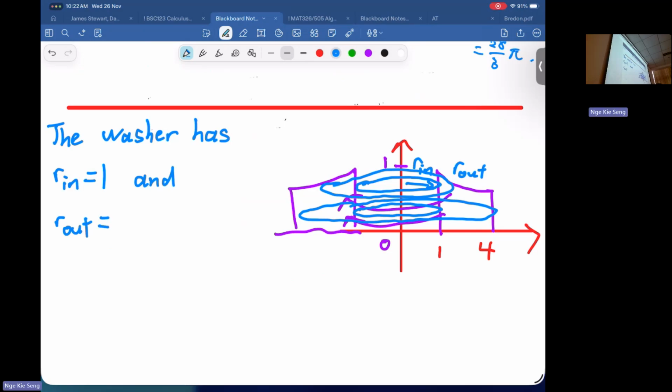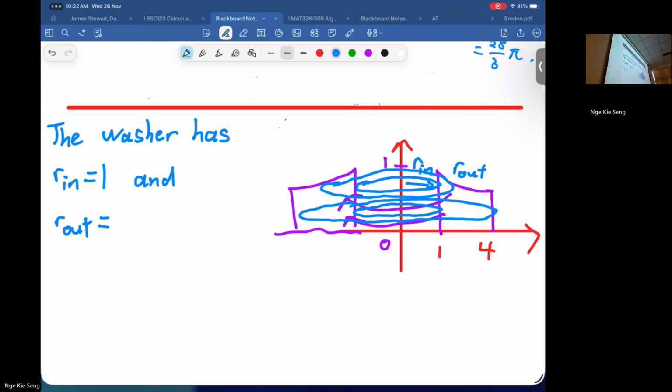At different heights, your R out is different.